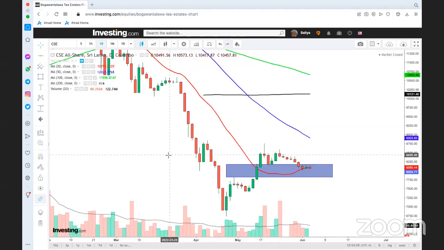So as it is, we know that the market is early in that trend, because the moment we see that the prices have not gone above the other medium to longer period moving averages, that means the trend of this instrument, which is the ASI, is still in its early stages.